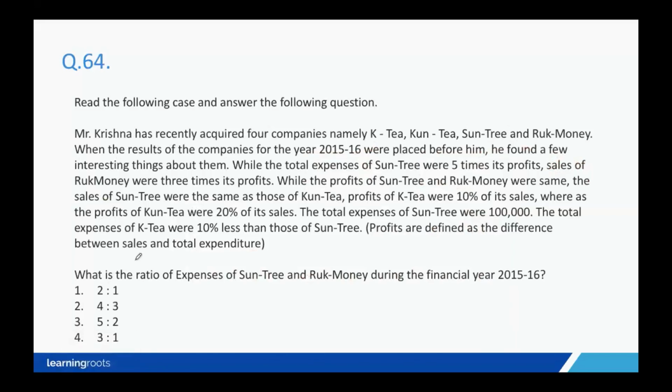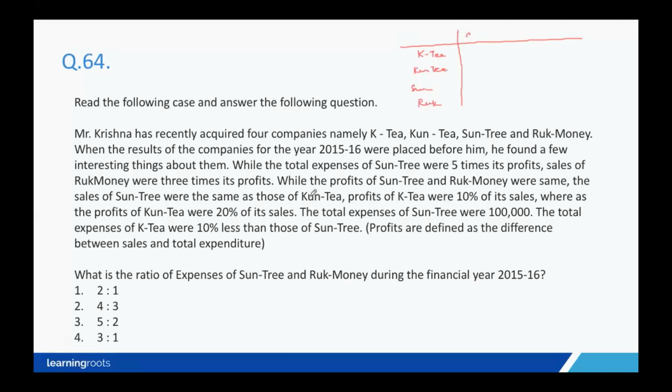What about 64? Mr. Krishna acquires 4 companies. When the results of these companies were placed before him, he found a few interesting things, and all the expenses and profits are given. So let's form the table. Let this be KT, then we have Kunti, Sundry, and Rukmani. We have been given the sales or the revenue.